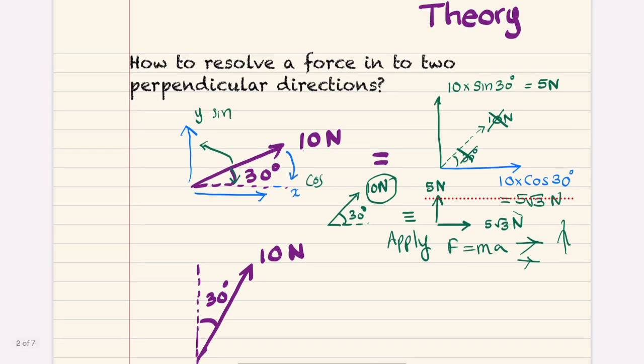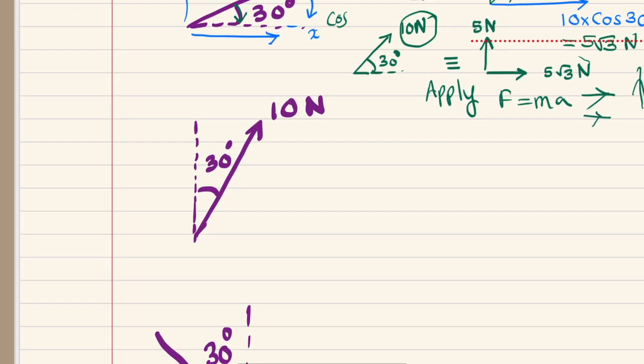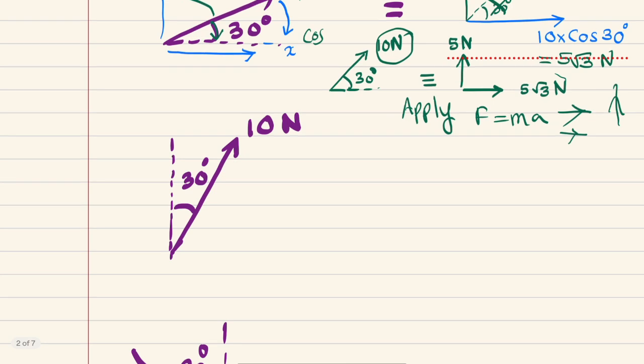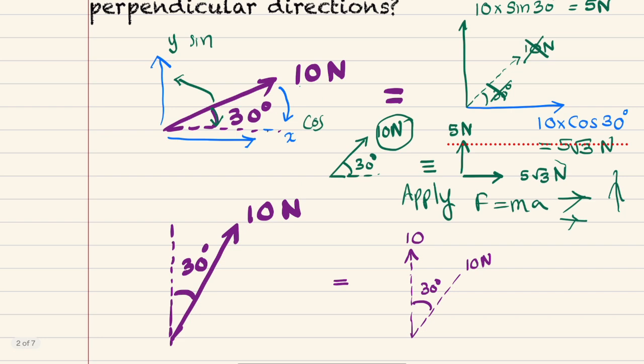So let's see how to resolve this 10 newton force that creates 30 degrees to the vertical. The concept is really simple. Think of two different forces that can replace this 10 newton. When you go through the angle, it will be cos, not sine. Keep in mind, when you're going through the marked angle, it will be cos.